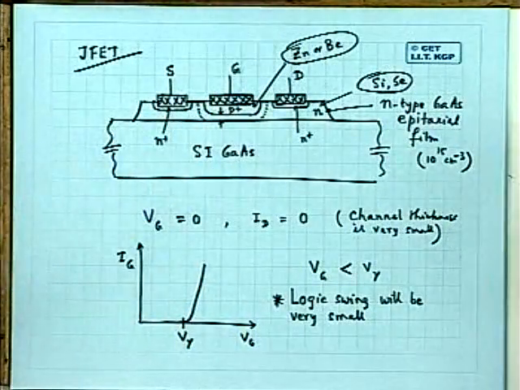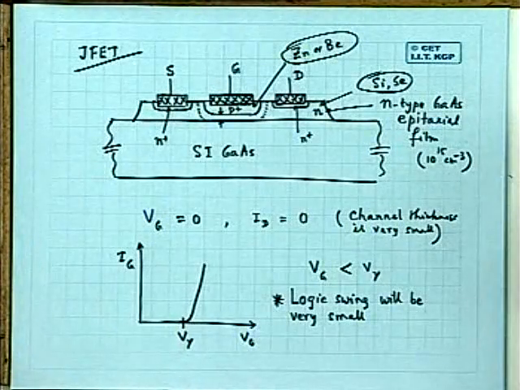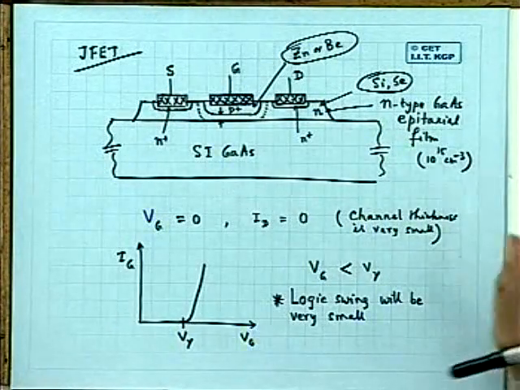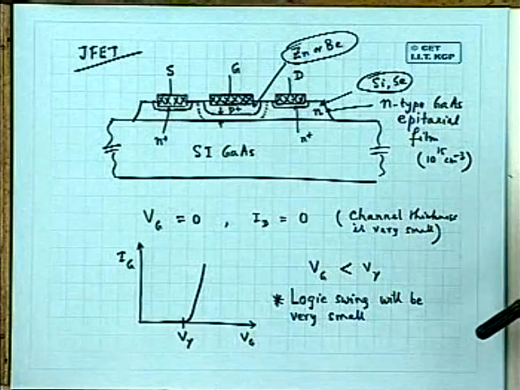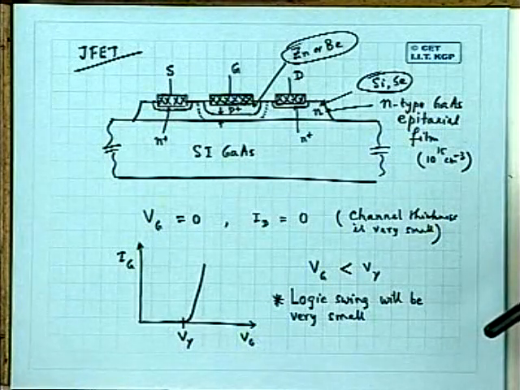How small? Typically for gallium arsenide, this turn-on voltage, the Schottky voltage, is around a volt. You should keep within 0.8 volt, 0.7 volt. Typical logic swing should be 0 to 0.7, 0.8 volt.